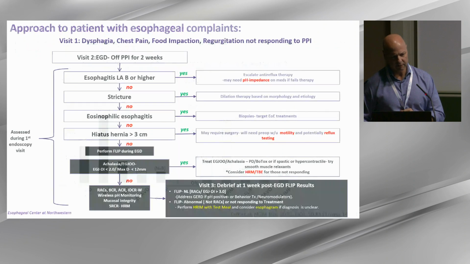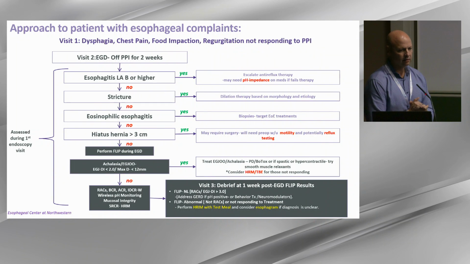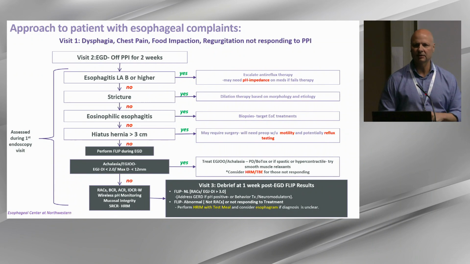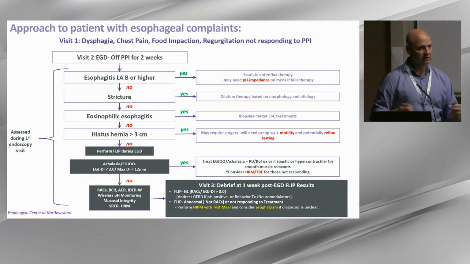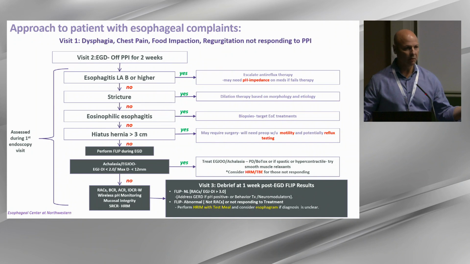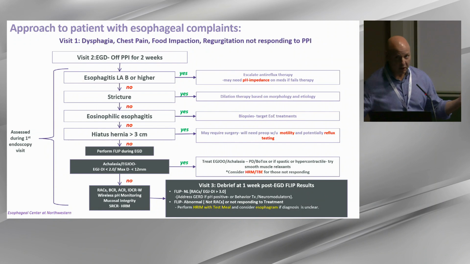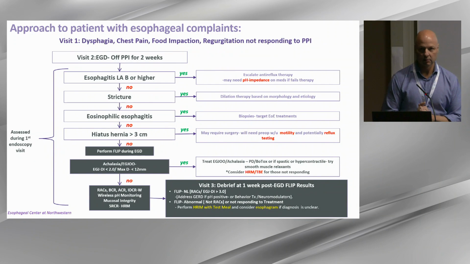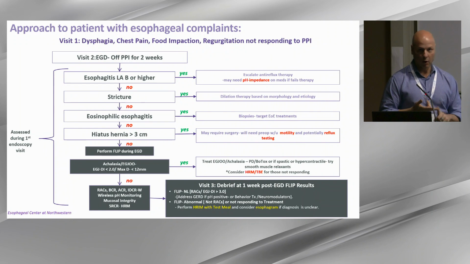So what if we had the opportunity, when the patient comes in, I initially see them in clinic, they have these symptoms, I elicit this, and I say, you're going to need an endoscopy. They come in for the endoscopy, and instead of 50% of the time telling them, I have no idea what's going on, and I'm going to have to send you for very uncomfortable tests later on, what if I could, at the end of that endoscopy, rule out a significant major motility disorder, and also rule out significant gastroesophageal reflux disease?